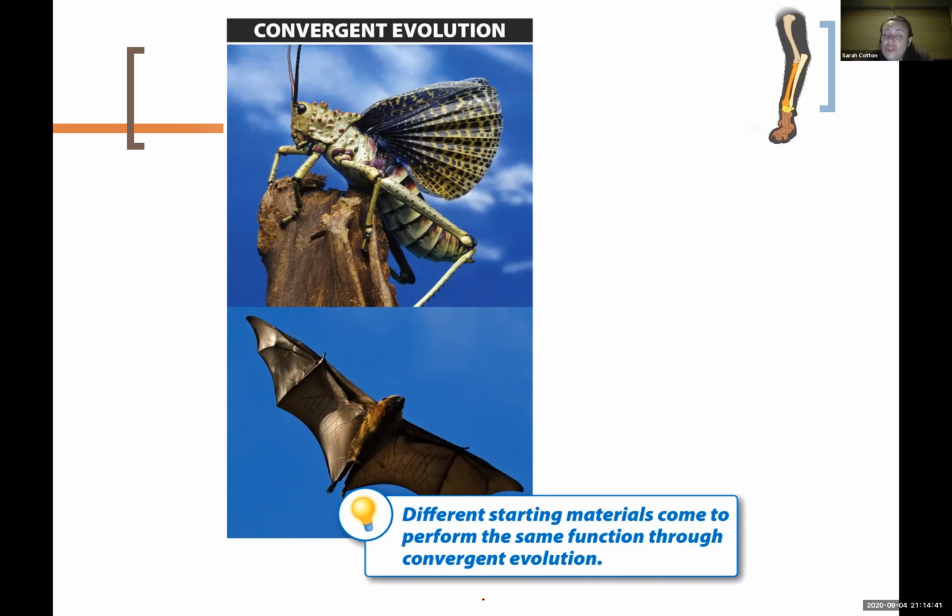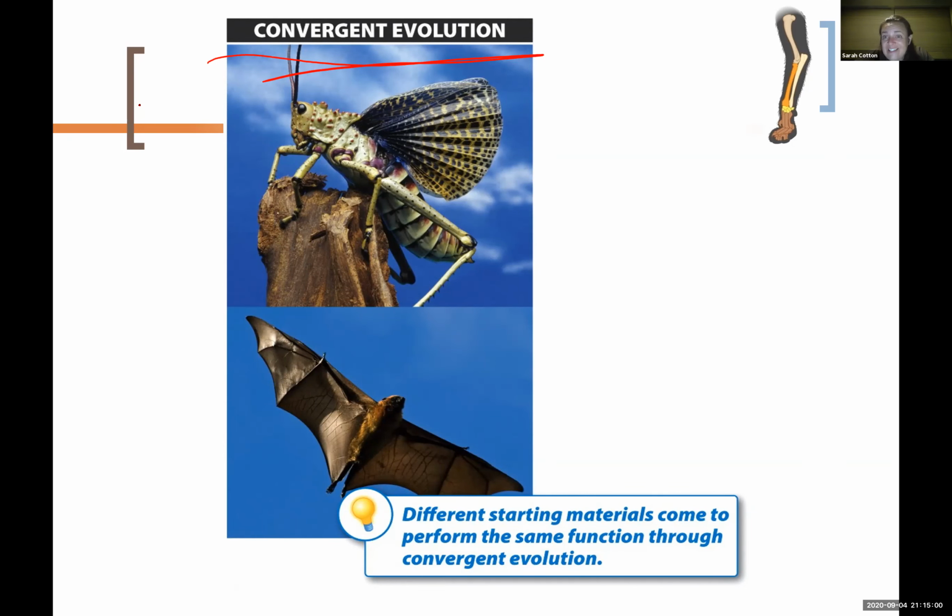Often we start to see analogous structures as a result of something called convergent evolution. So convergent evolution is essentially this idea that some sort of characteristic is so useful that it evolves more than once.